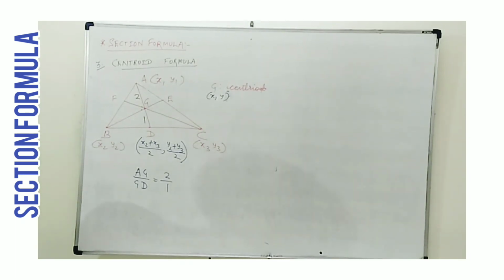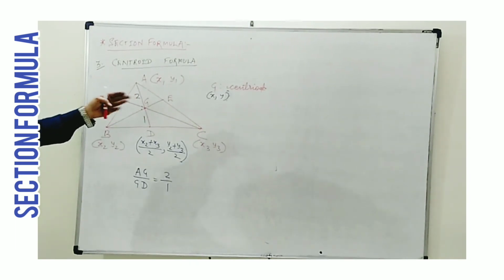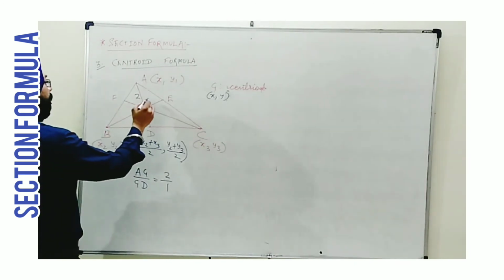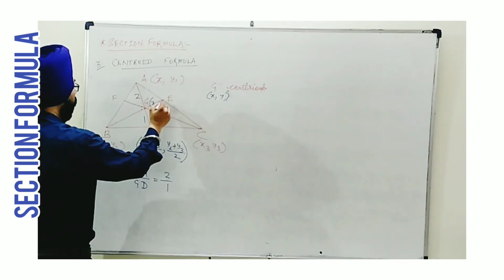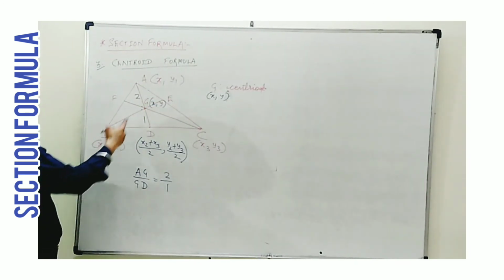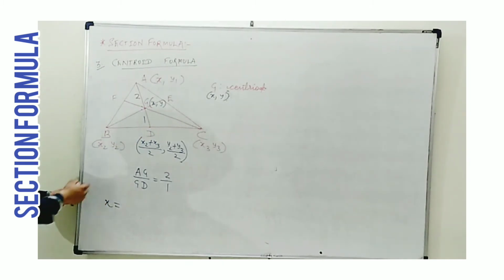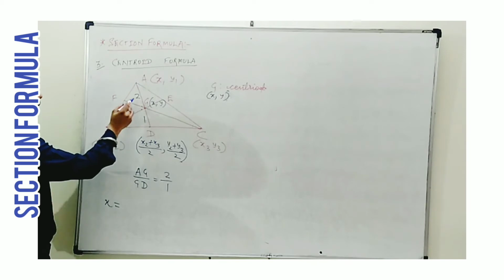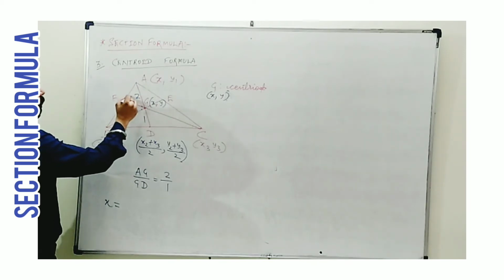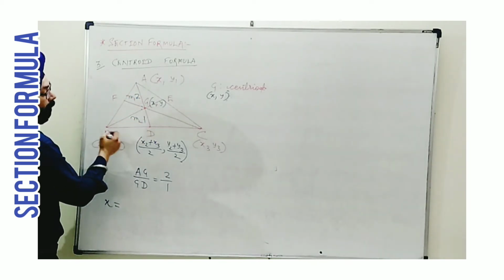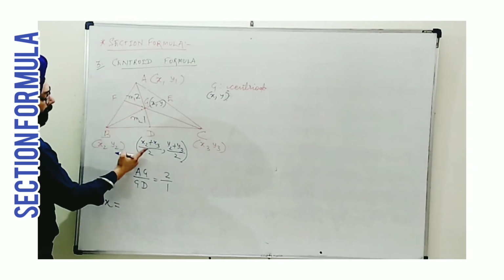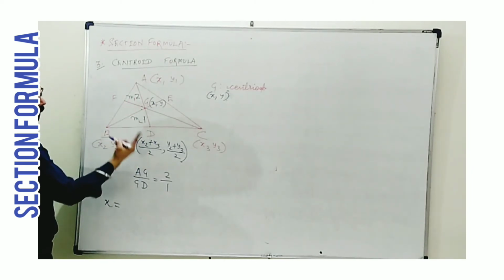Now we need, as I said, x and y. If the coordinates of G are x, y, then according to the section formula, x must be equal to m1 x2 plus m2 x1 upon m1 plus m2. If I consider 2 as m1 and 1 as m2, then 2 is multiplied to the abscissa of the opposite side.